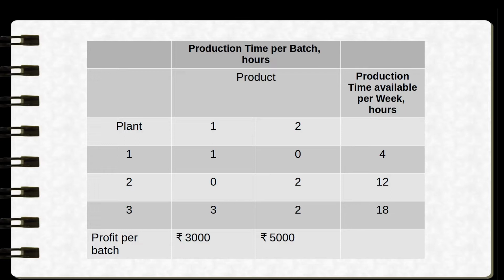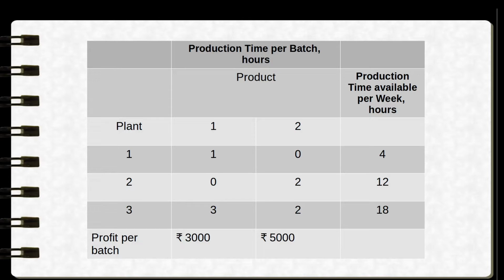Also, it has been found that to produce one batch of aluminum frames in plant number 1, it requires 1 hour. To produce one batch of wooden frames in plant number 2, it requires 2 hours. To produce one batch of aluminum frame windows in plant number 3, it requires 3 hours.